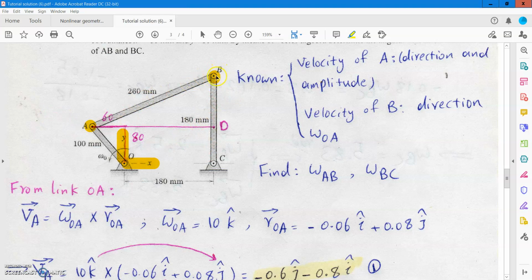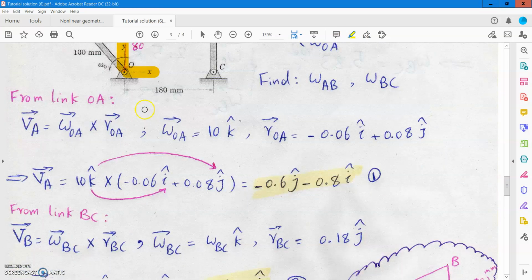Using the velocity equation for point B, because point B is located on links AB and BC, we can find the direction of the velocity of B because it has a pure rotational motion about C. But in link AB, point B will have a general motion, so you can write the relative velocity equation between point B and A.